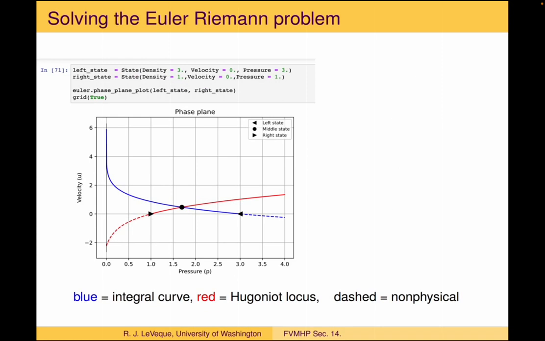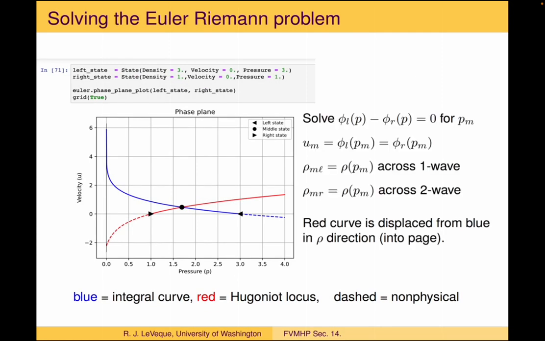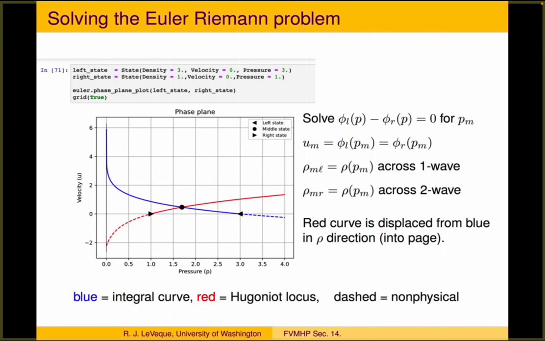So again, the way we would solve this Riemann problem in practice is we define these functions phi L of p, which corresponds to integral curves on one side of p star and Hugoniot loci on the other side, and we define phi R of p similarly for 3-waves. Phi L was defined based on 1-waves, either the Hugoniot locus or the integral curve.